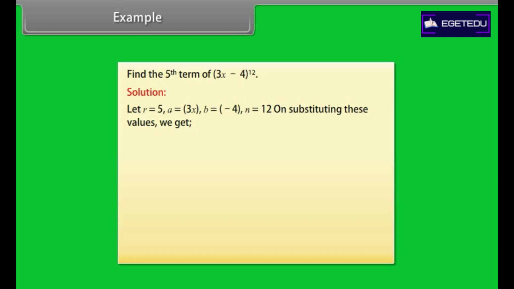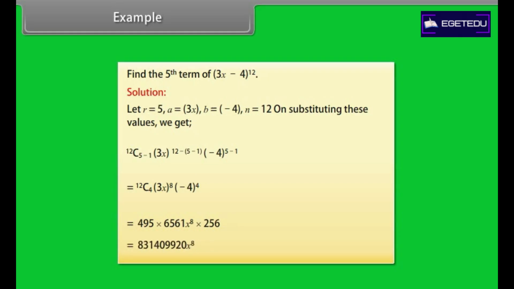On substituting these values, we get 12C(5-1) into (3x) raised to the power 12 minus (5-1) into (minus 4) raised to the power 5 minus 1, which gives 1409920 into x raised to power 8.